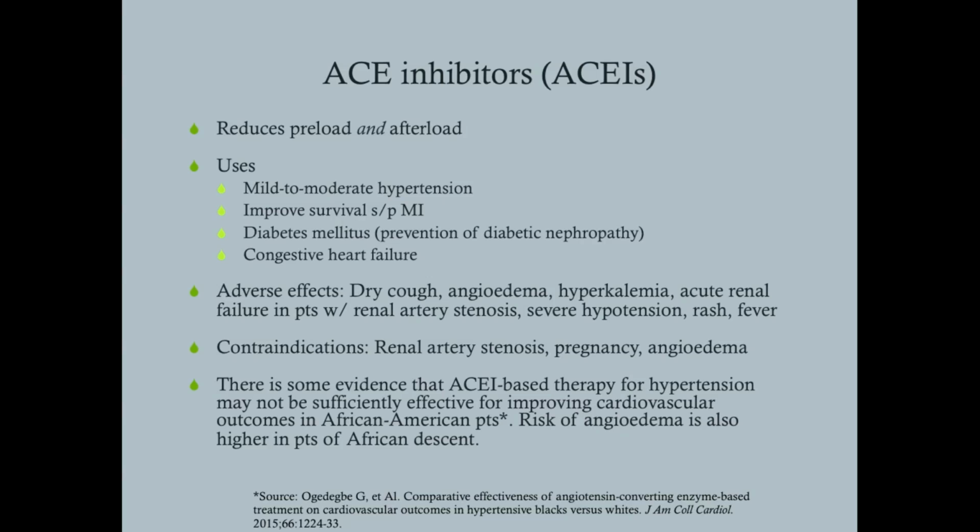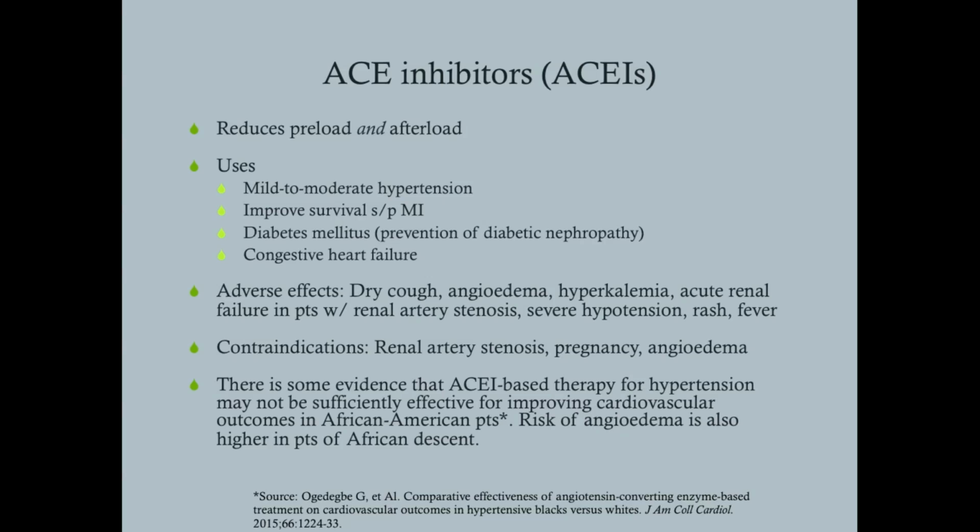With African American patients, and really here you can probably summarize this to most black patients, although the literature I read was specifically referring to African Americans, it's probably not going to be as effective because it's probably not the renin-angiotensin-aldosterone system that's really driving their hypertension. So just giving them an ACE inhibitor is probably not going to have the same degree of effect as if you were to give it to a white person or to a Hispanic person.